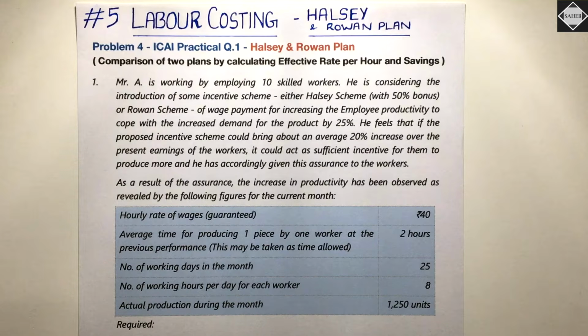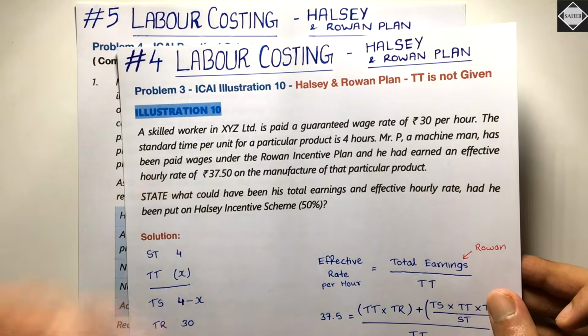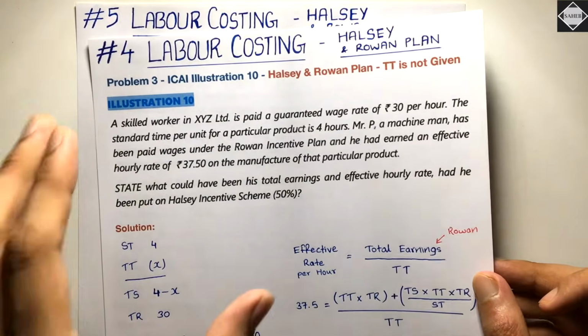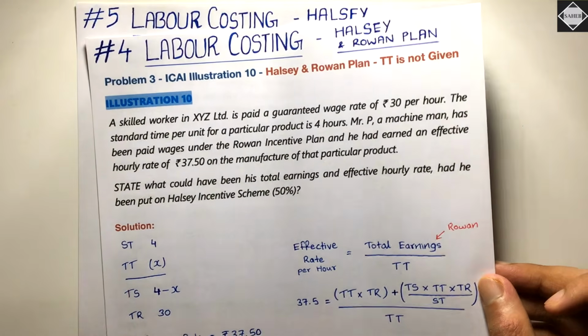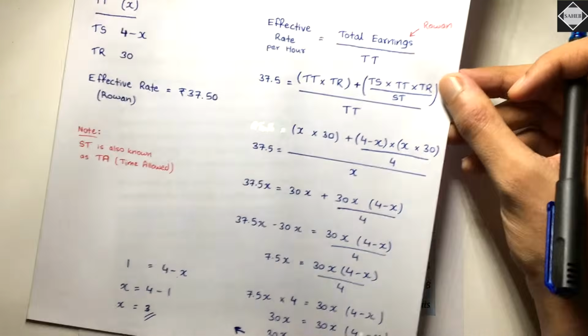So let's begin. But before going ahead, let me tell you what we have done so far in the previous videos. In the previous video, we saw illustration 10 from the ICAI module. That was our third problem of Halsey and Rowan, and it was an interesting problem, really. We had a bit of mathematics to solve for x.